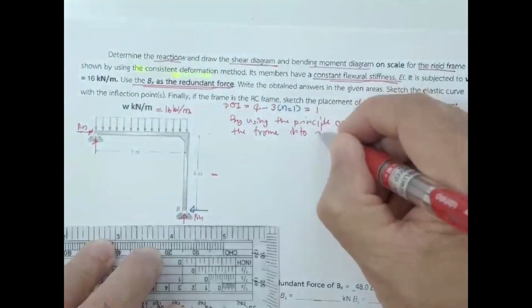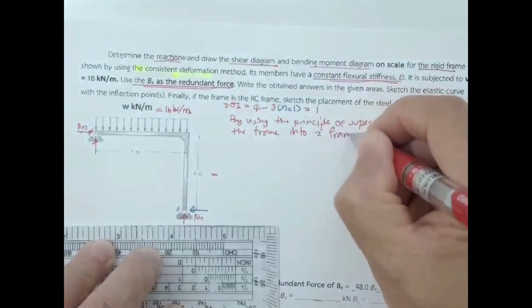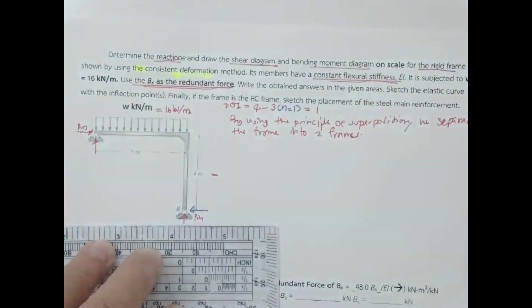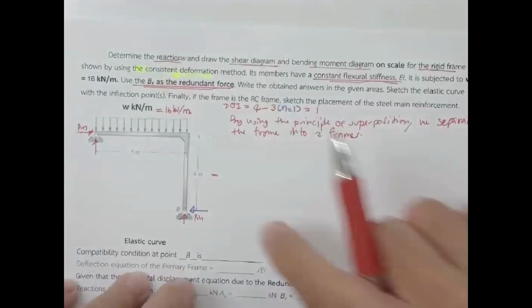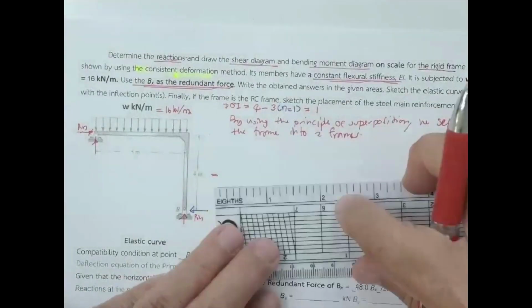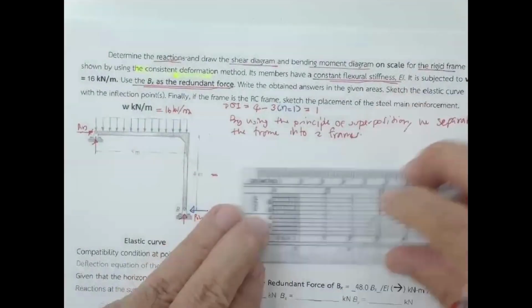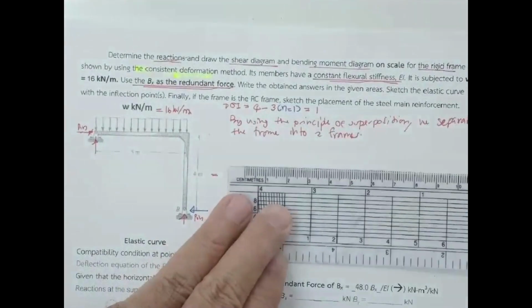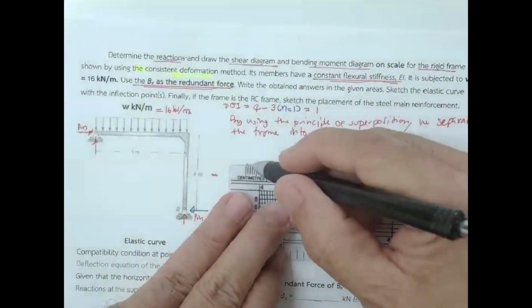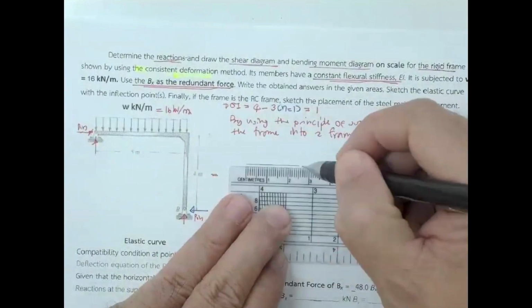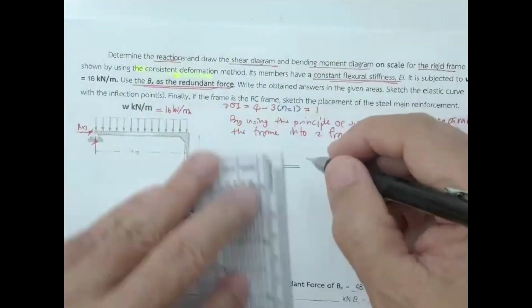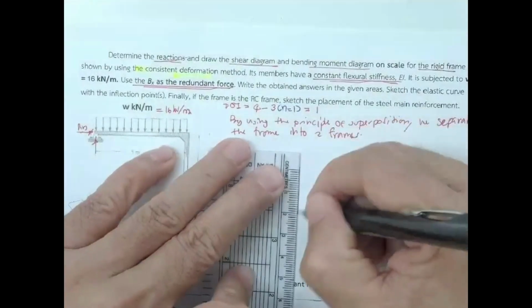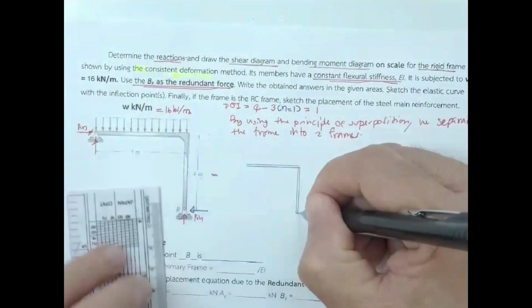One is going to be the primary frame, and the other one is going to be the frame that's subjected to the redundant force. So the first one is going to be 5 meter, let me put it as 25 millimeter, and this is 4 meter, I should put it as 20 millimeter.